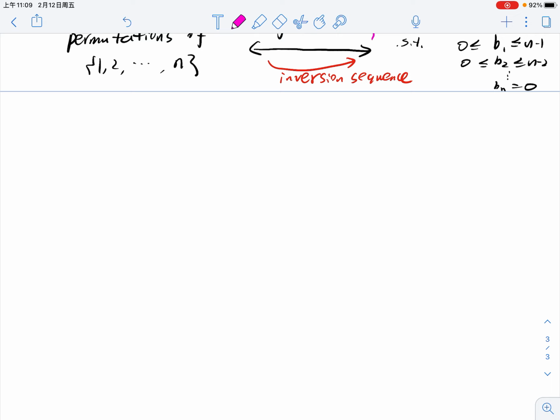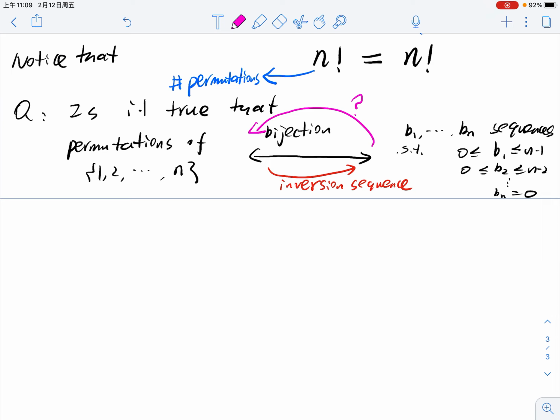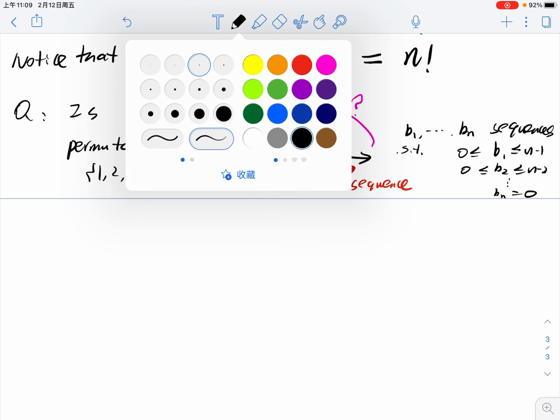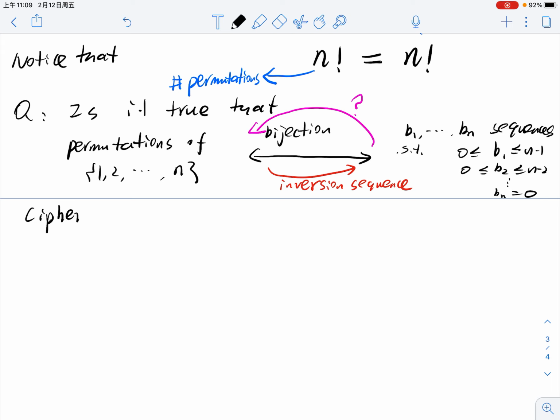Okay, and the reason why we care about this is something in cryptography, as a cipher. Just like if you have 3 persons, 2 of you are friends, the other one is an enemy, and if two friends want to communicate permutations without letting the third person know, if they tell directly, the third person may hear.